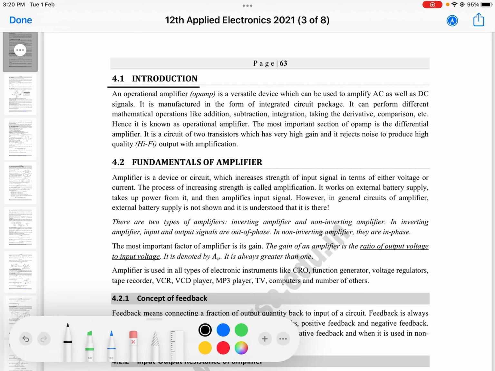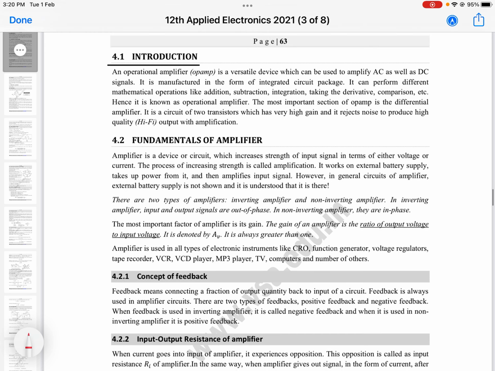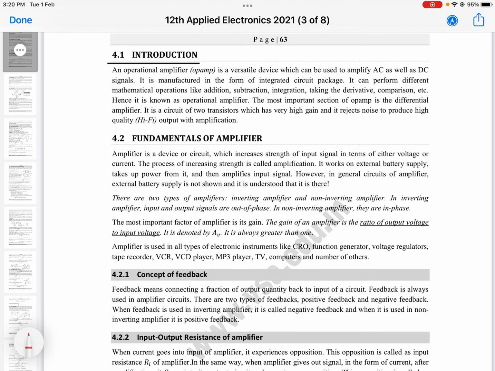One thing we have to be very careful about is that this chapter is extremely important in the 12th standard electronics HSC board examination, because much of the part is asked regarding this chapter in particular.